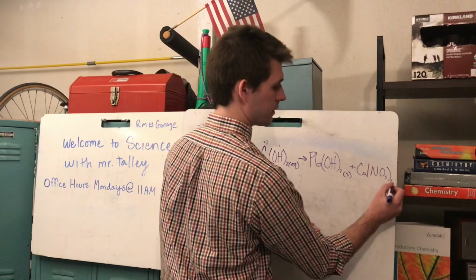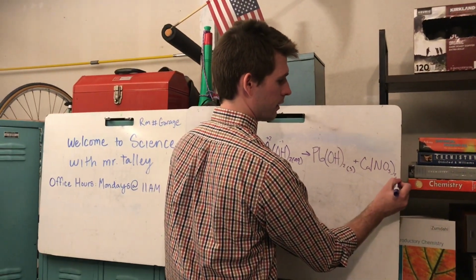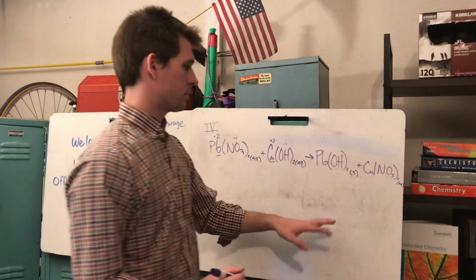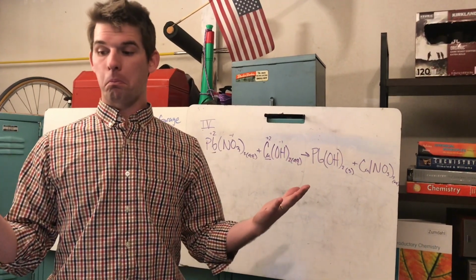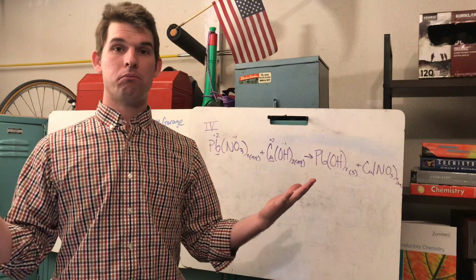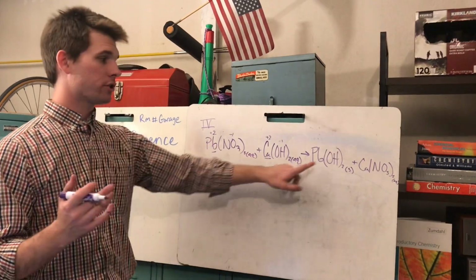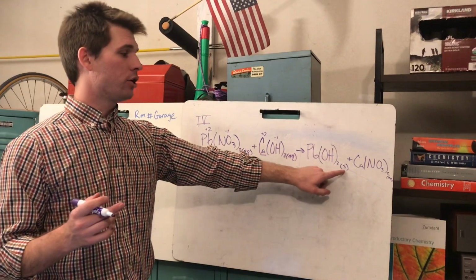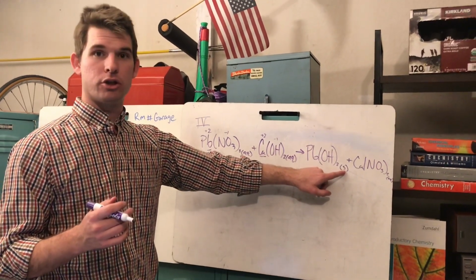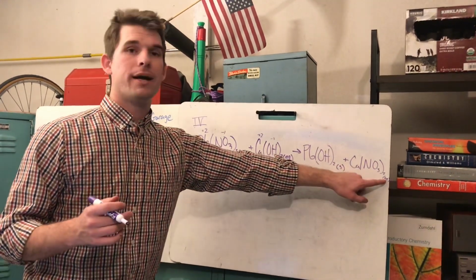So that means this is going to be aqueous. Sorry, that's hard to read. Okay. We did it. You have to look at the charges to be able to predict the products. Once you have the products, then you can use your solubility chart to determine if it's a solid or aqueous.